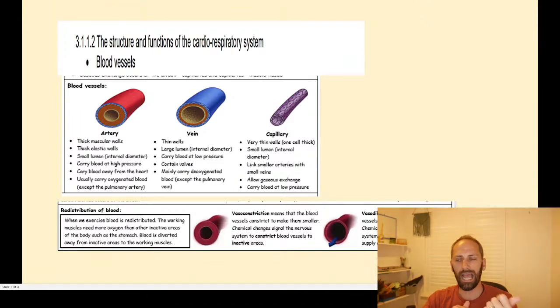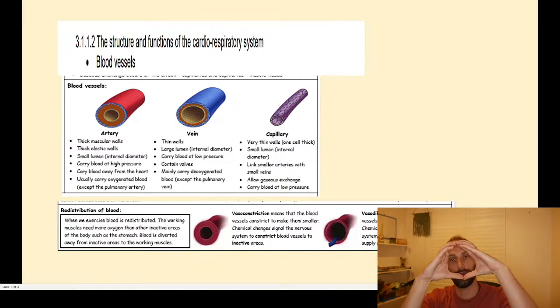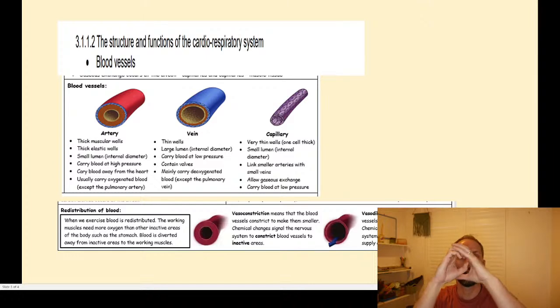So all these things are happening all the time in our bodies, which is going to promote blood flow in a certain area, restrict blood flow in another area. And that is through vasodilation and vasoconstriction. So dilation, the area gets a lot larger, more blood can pass through. Constriction, the area gets smaller, and it basically means that less blood can get through.